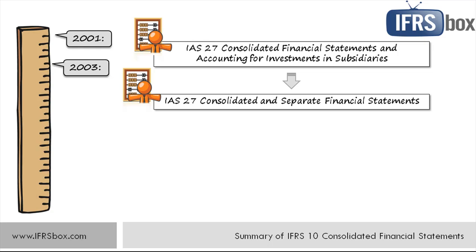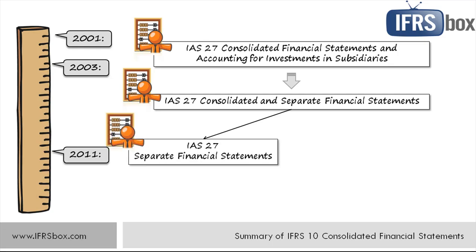Well, then some years passed, there were some amendments, and in 2011, the International Accounting Standards Board decided on a major change. In fact, the standard IAS 27 split, and as a result, IAS 27 was renamed to Separate Financial Statements, so it still applies, but no longer contains the rules for making consolidated financial statements, just for the separate individual investors' accounts.